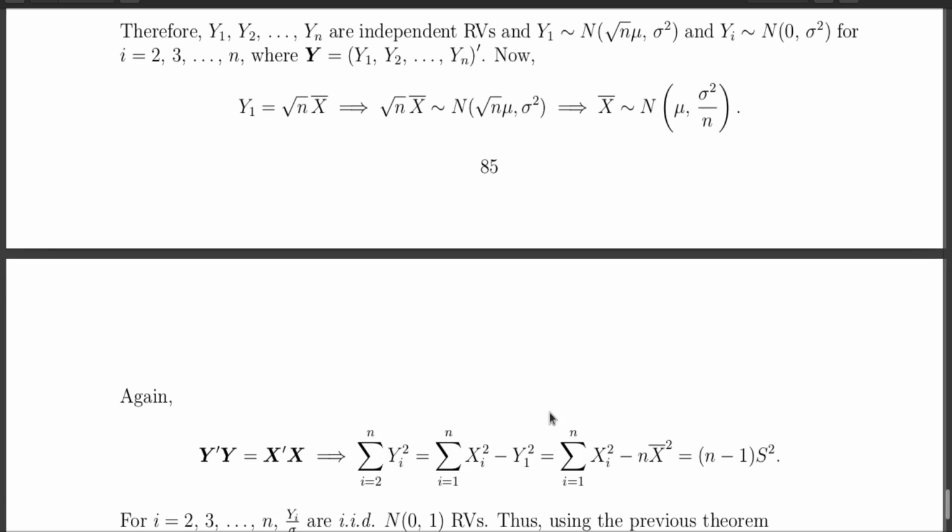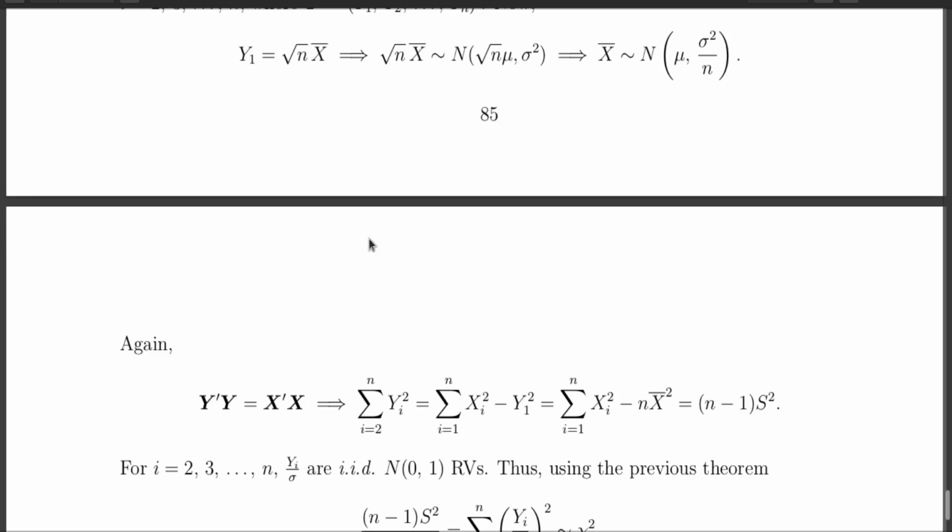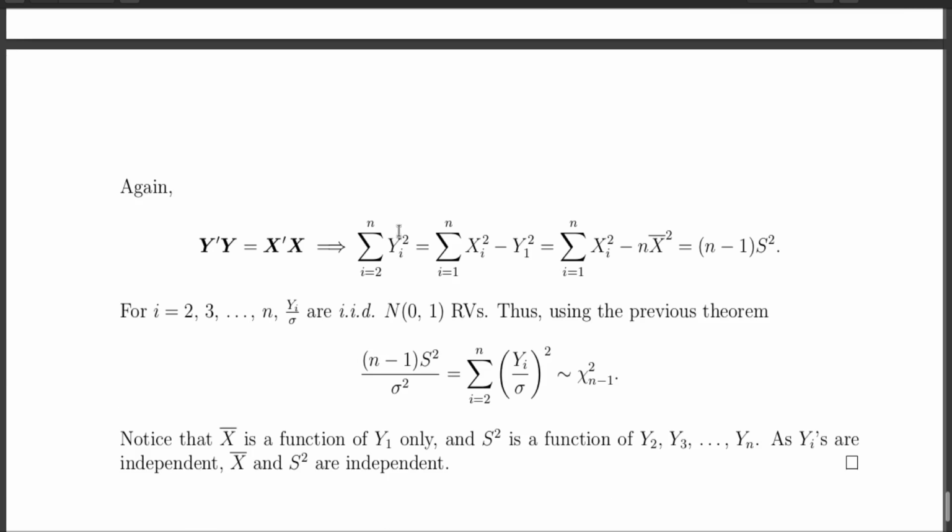And we know that y1 and y2 to yn, these two partitions, are independent. That's why the function of y1 only and the function of y2 to yn only will also be independent. That's why x bar and s square are independent.